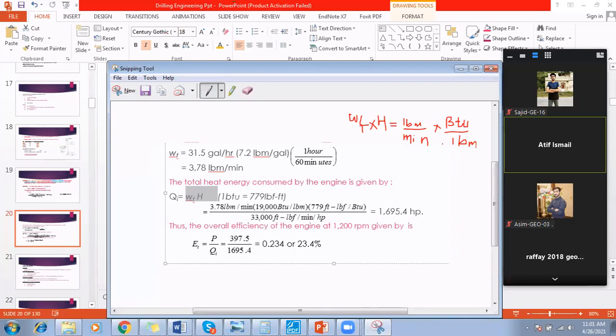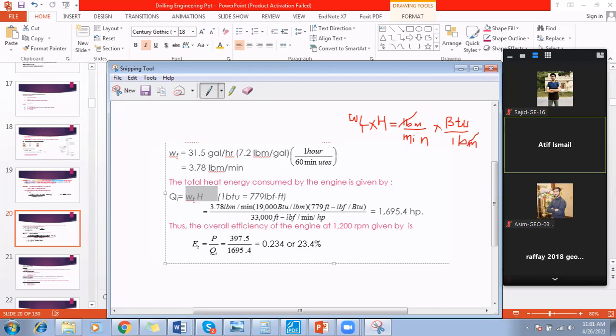The LBM will be cancelled with this LBM, and you will have BTU per minute.